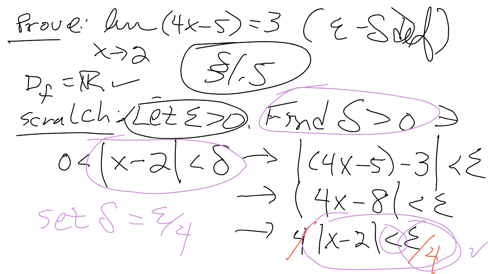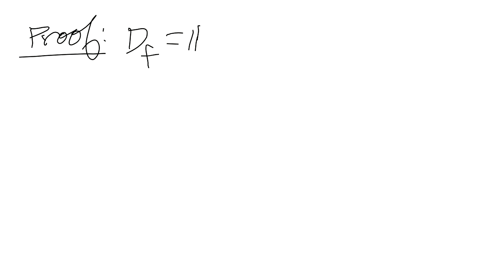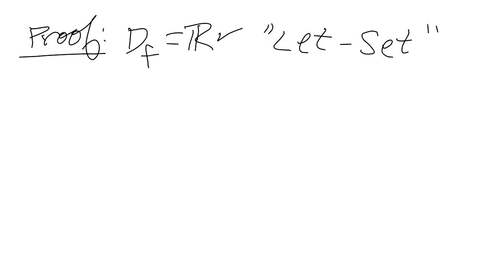Now let's go ahead and prove this formally. Okay, so proof. Domain, first of all, the domain of f is all real numbers, so we have that. And then what we're going to do is a thing called let set. It's not part of the proof, but this is what we're going to do now on the proof.